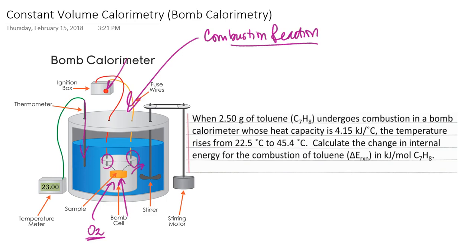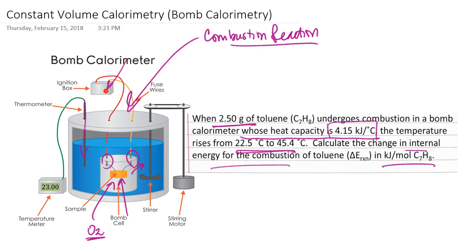So for example, here in this particular problem, I'm told that I'm going to combust 2.5 grams of toluene in a bomb calorimeter whose heat capacity is 4.15 kilojoules per degree Celsius. They give you the means by which to calculate the temperature change, and you're supposed to find the change in internal energy for the combustion of toluene in kilojoules per mole of the toluene.